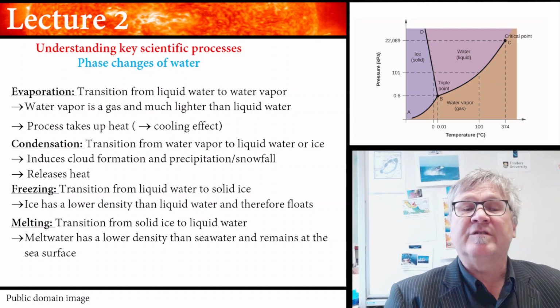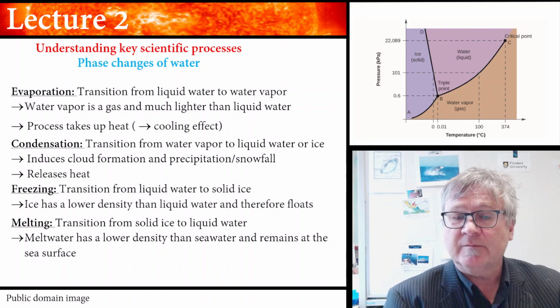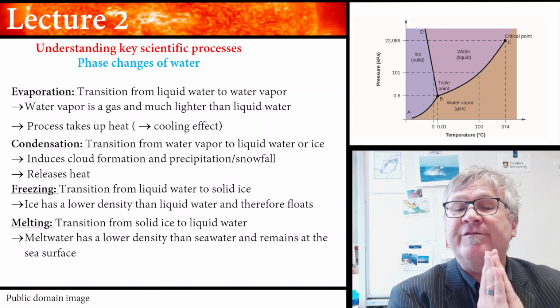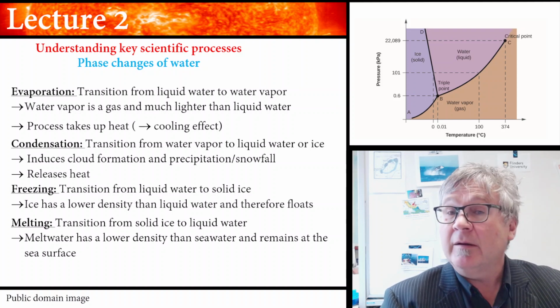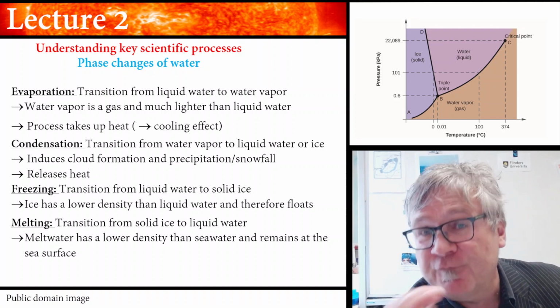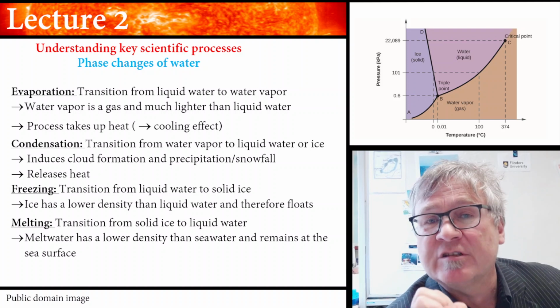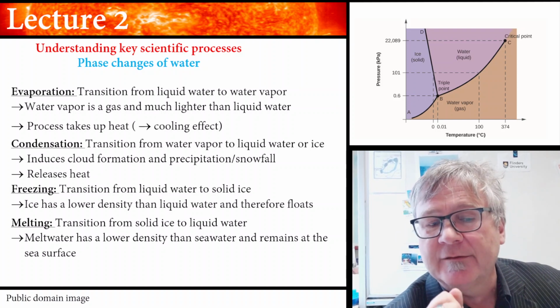So the other two processes I want to talk about are freezing and melting. Freezing is the transition from liquid water to solid ice. For fresh water, the freezing process takes place below temperatures of 0 degrees Celsius. This is how the zero has been defined.